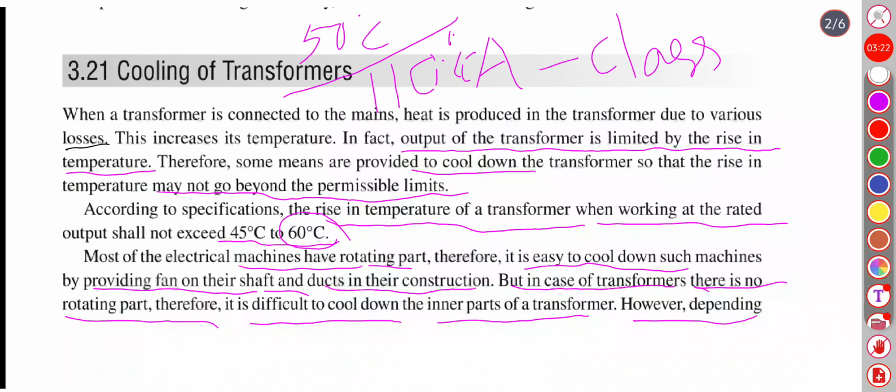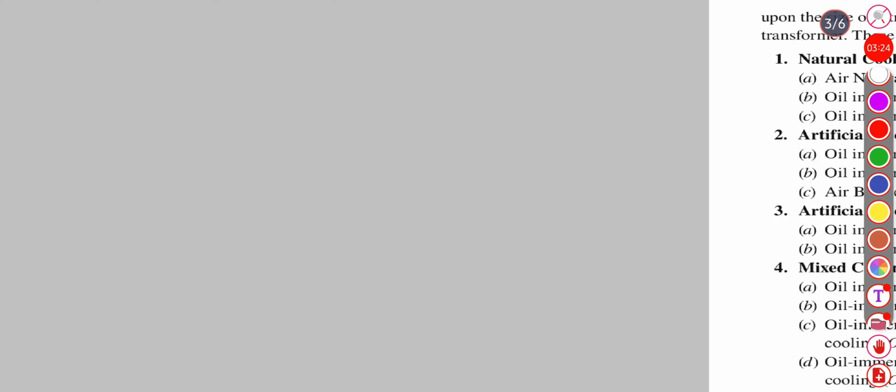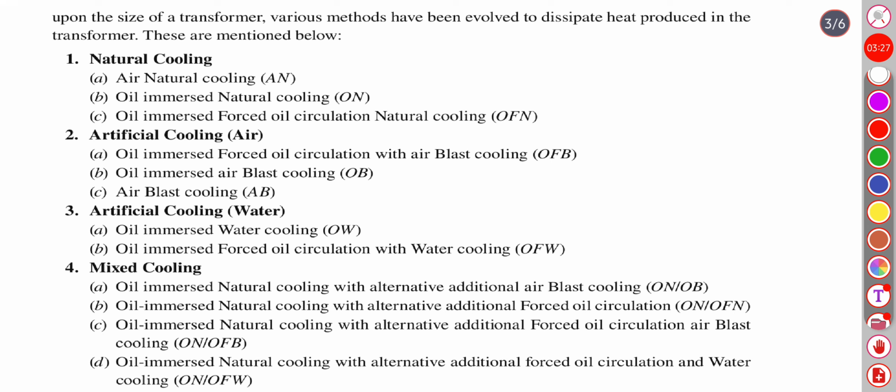However, depending upon the size of transformer, various methods have been evolved to dissipate the heat produced inside the transformer, and these are mentioned below. First one is the natural cooling. In natural cooling, three types of cooling is given.